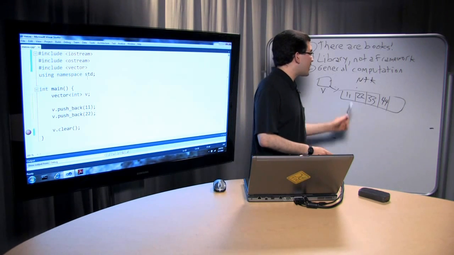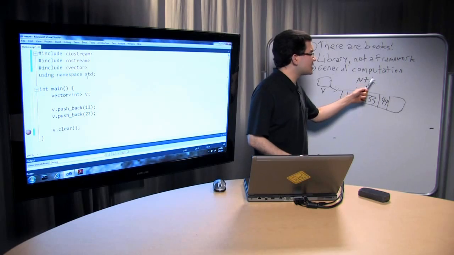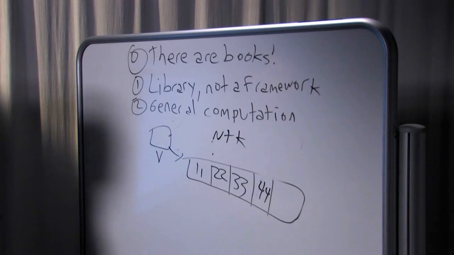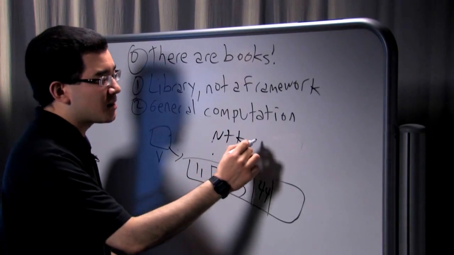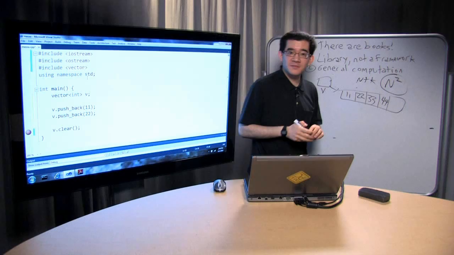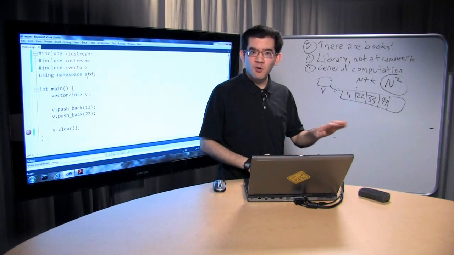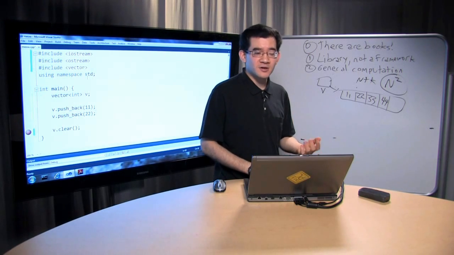Unfortunately, if you do the math, as you're pushing back elements, and if you're reallocating a constant number more, the time to push back n elements actually takes time proportional to the square of the elements that you push back. So if you push back 1,000 elements, the time to take that would be proportional to 1,000 squared.